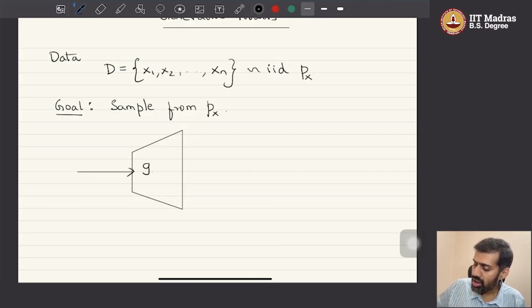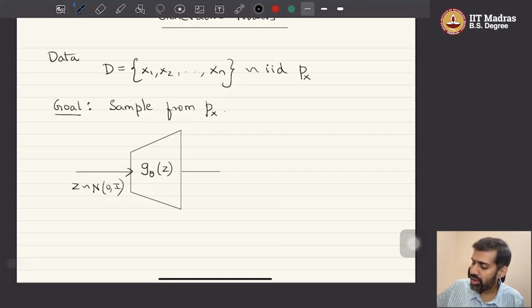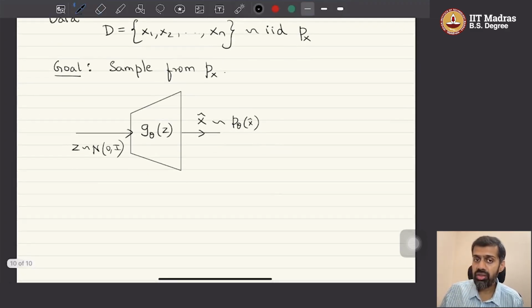We call that g theta of z, where z is coming from any arbitrary distribution which we know how to sample from, and the output of this neural network will give you samples denoted by x cap, which we assume is coming from a distribution which we denoted as p theta of x cap. Now this will serve as a sampler for Px, or a generative model for Px, given p theta of x cap is the same as that of Px.